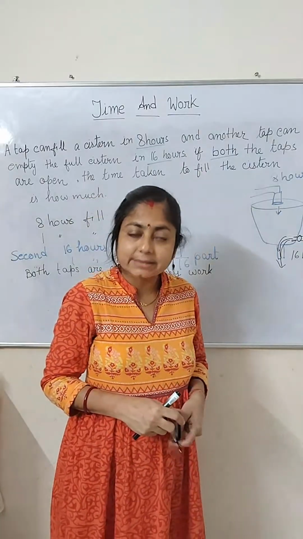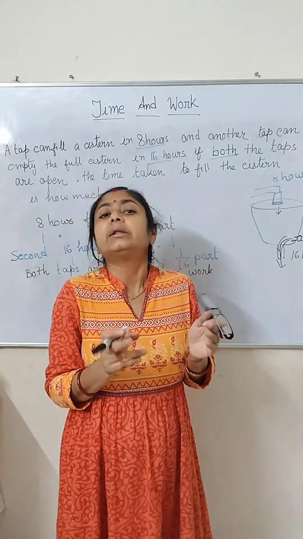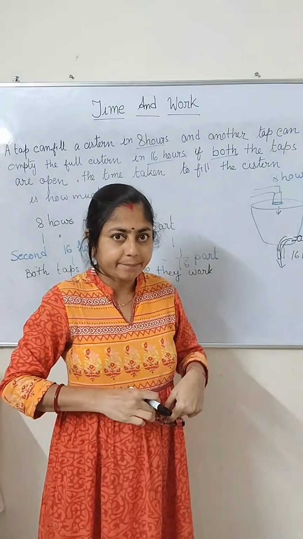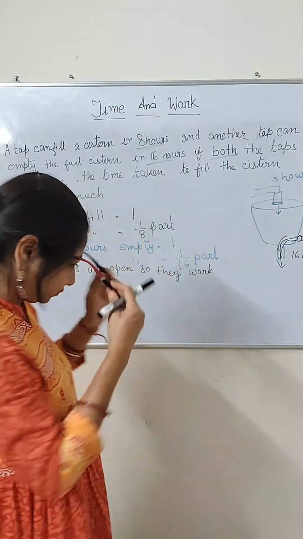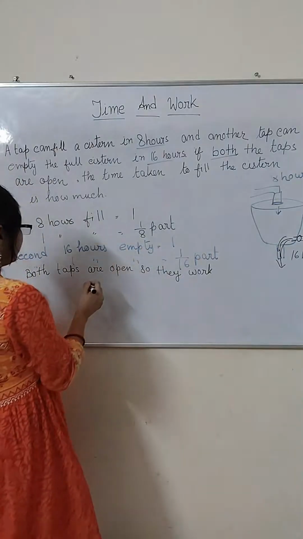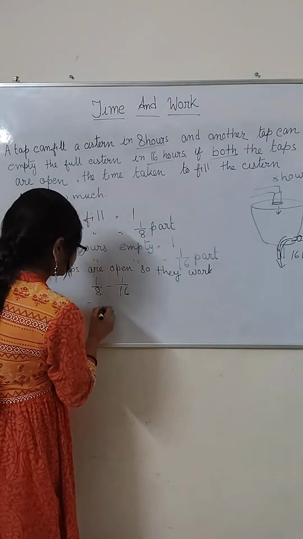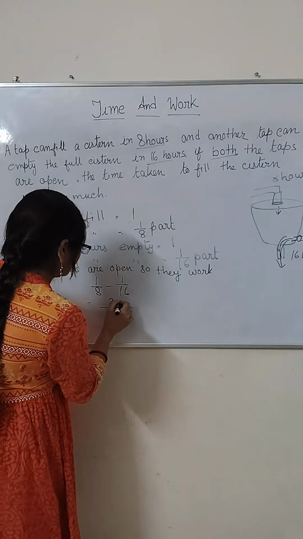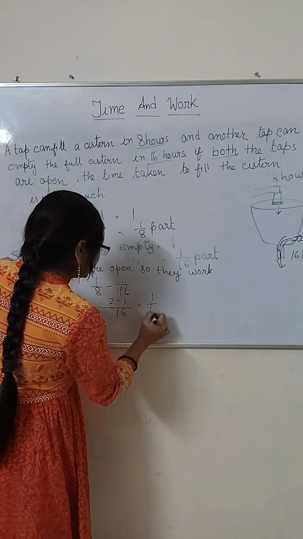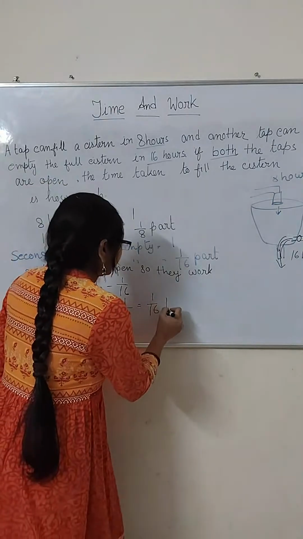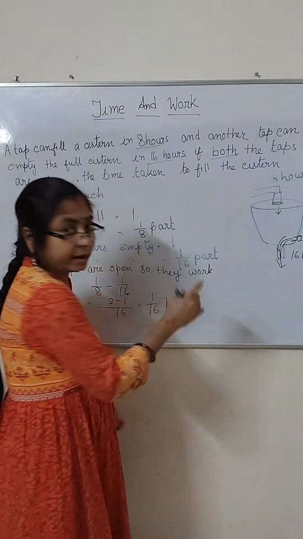So in that case, when they work together, their parts are not added, they are subtracted. Okay? Now I subtract it. 1 by 8 minus 1 by 16. 16 is the LCM. 2 minus 1 is 1 by 16. 1 by 16 part works together in 1 hour.